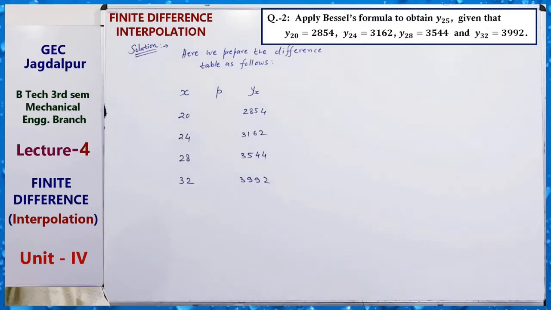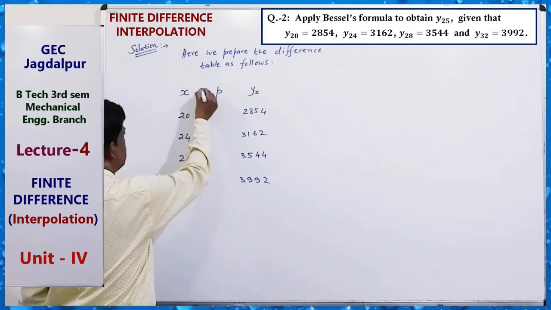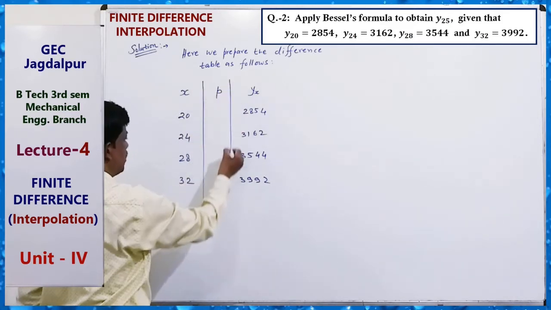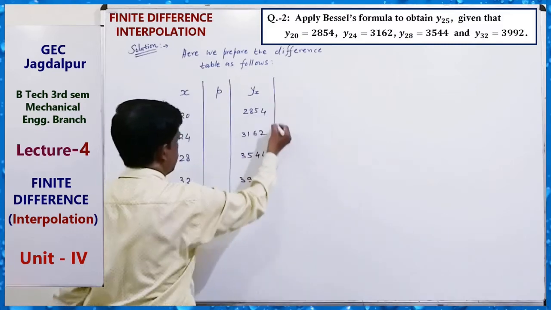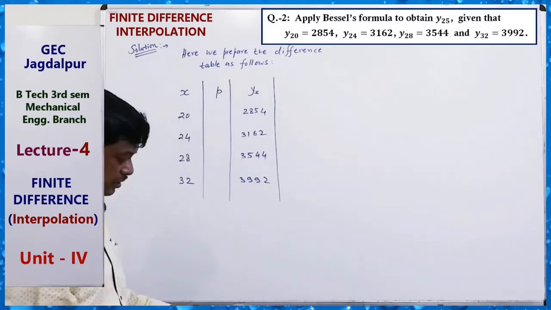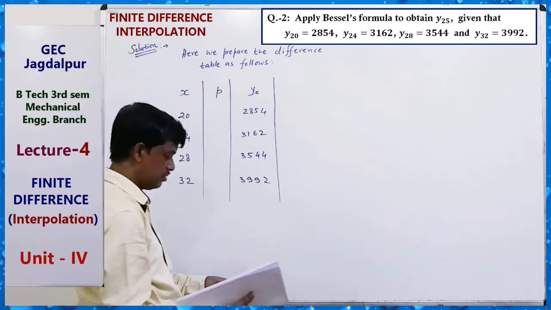So for making the table, first of all prepare it. And how many differences will there be? Four differences. No, third difference. Okay.